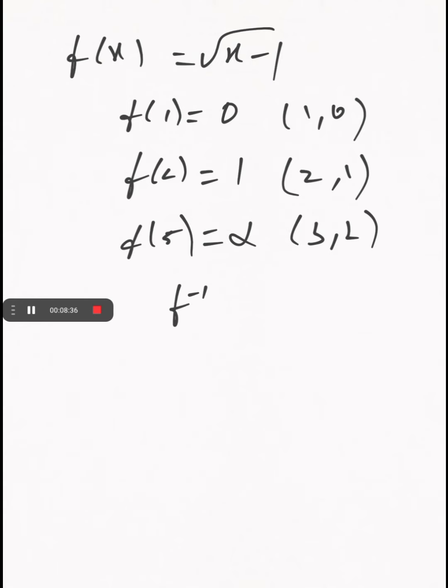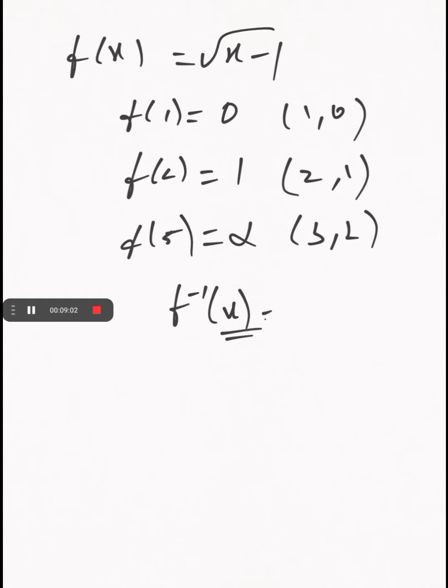F inverse of x means we interchange the coordinates in each ordered pair of f, right? Here for f of x, we get the coordinates 1, 0; 2, 1; 3, 2. If we interchange these coordinates, we get f inverse of x.